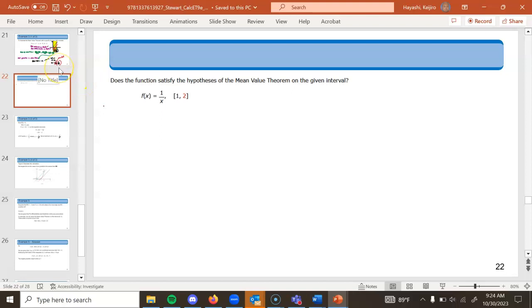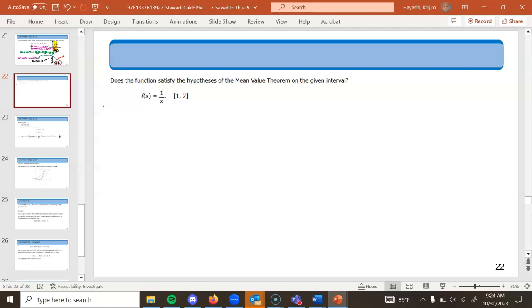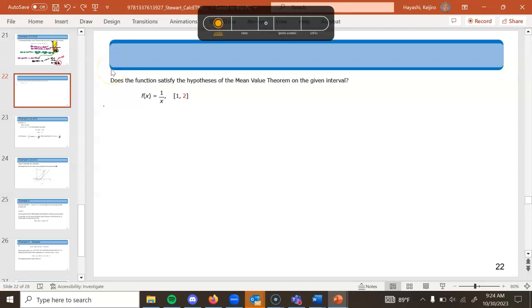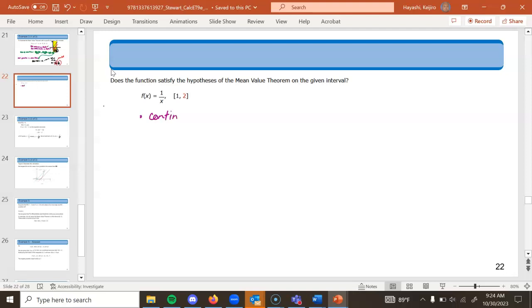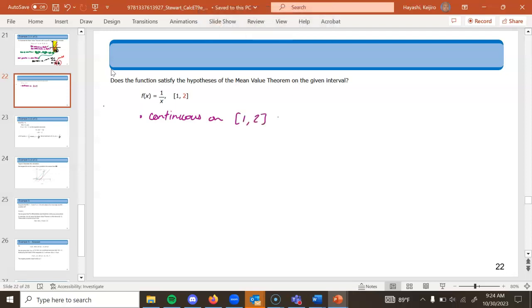Okay, so we're going to do what we just did basically up here with this function. First, we got to verify that it's continuous and differentiable on that interval. So it's got to be continuous on the closed interval 1 to 2. And it is. The only possible thing that could be called a discontinuity is at x equals 0, which is not in between 1 and 2.